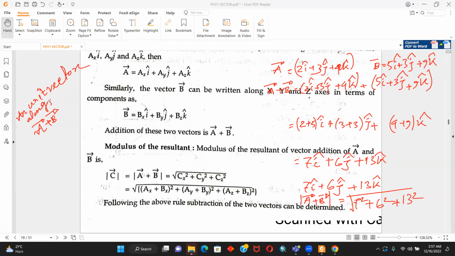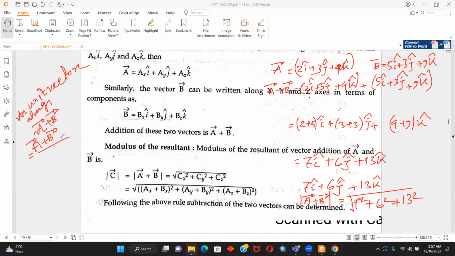You say a vector plus b vector over, what?